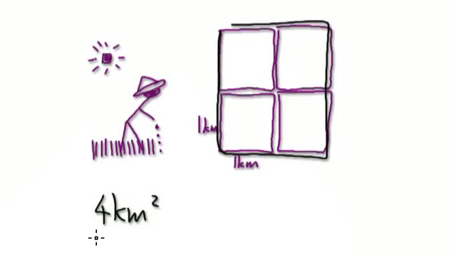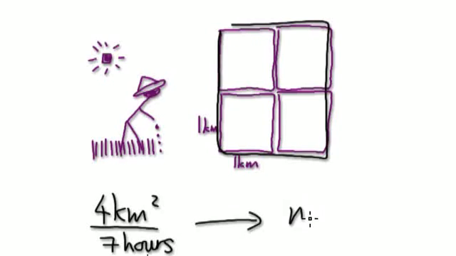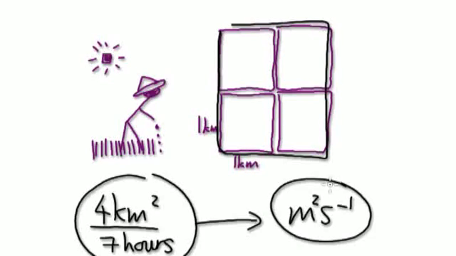If I can sow my seeds 4 kilometers squared in 7 hours, convert this into meters squared per second.